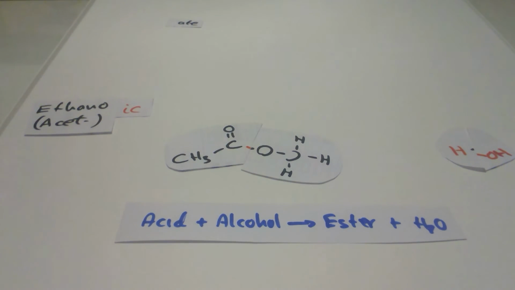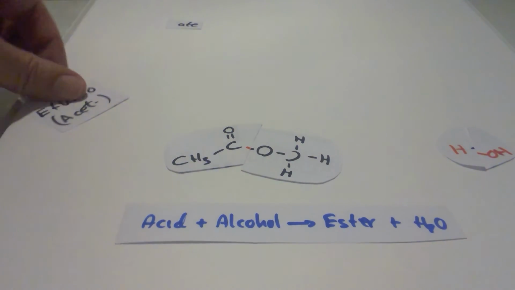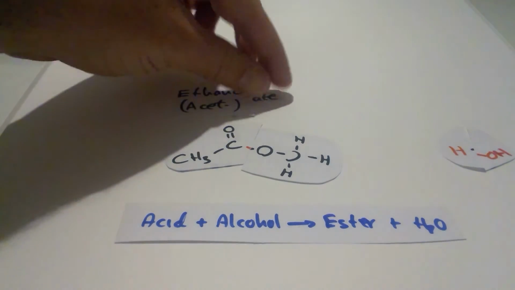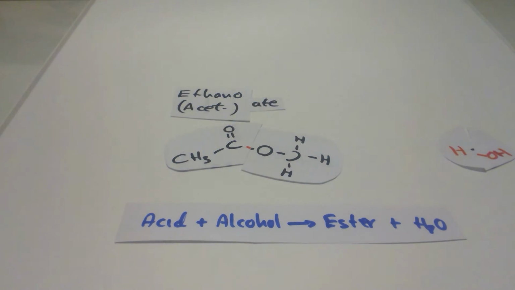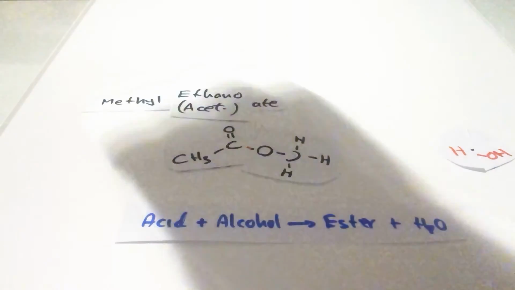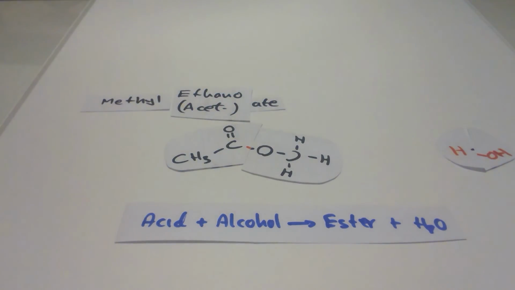Because the acid it comes from has 2 carbons, it will be an ethanoate or acetate, we will see it as well. Because the methanol is the alcohol we use with one single carbon, then we will call it methyl ethanoate or methyl acetate.